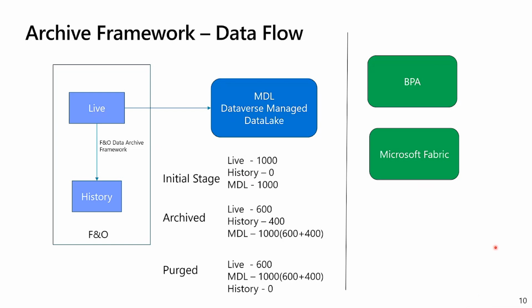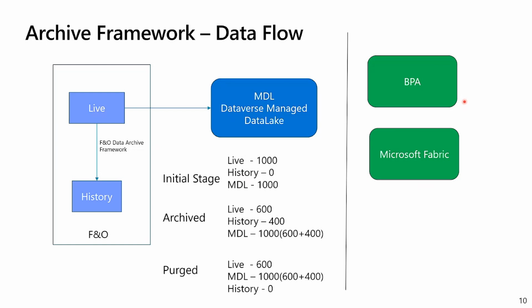Why we do managed lake is that it allows you to do your analytics on top of the Microsoft Managed Lake, which has all the data. We also have a tool called BPA, Business Process Analytics, in public preview. You can use that tool as well for reporting. Right now it's enabled for financials only, but in future we'll also enable it for supply chain.